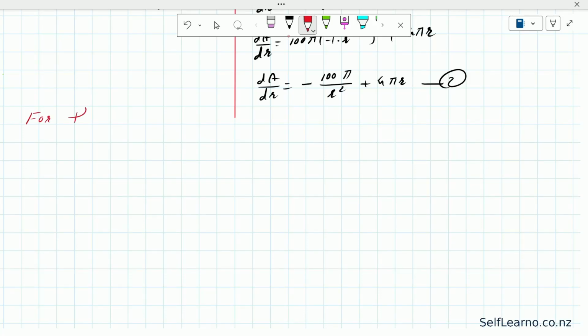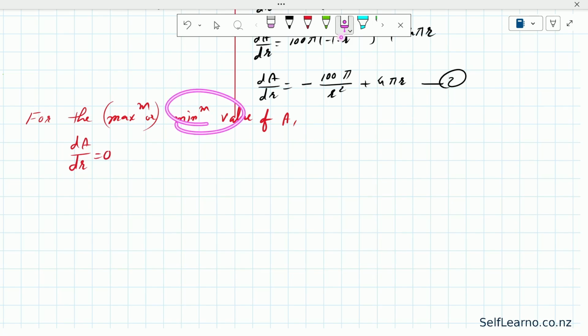For the maximum or minimum value of A, its first derivative is equal to 0. In our question, we are interested in the minimum value of area. So that is why I kept the maximum in the bracket. You can avoid writing this if you don't want to write.